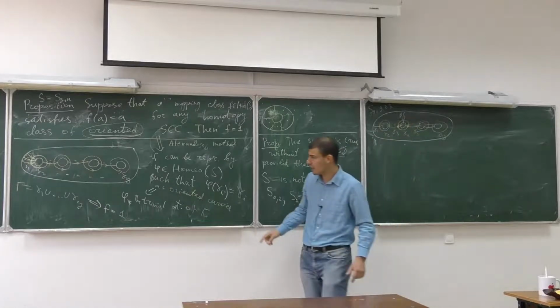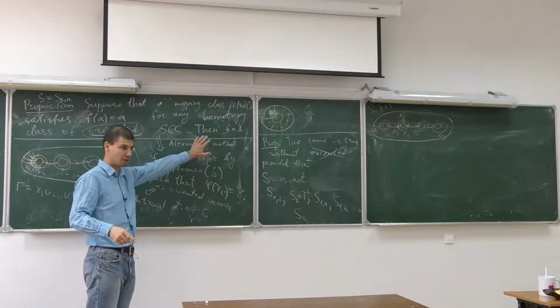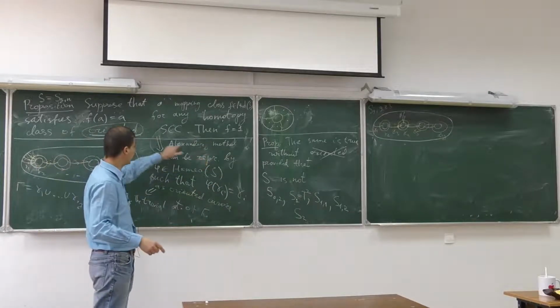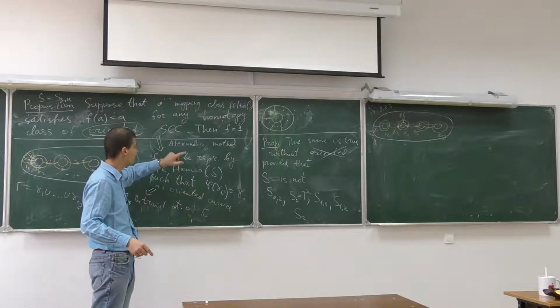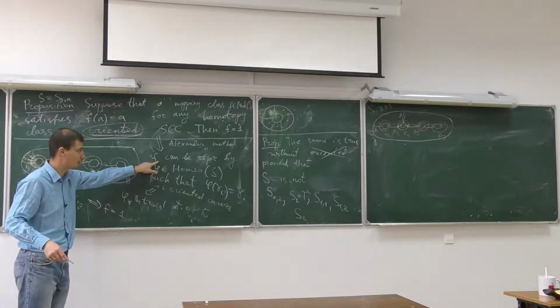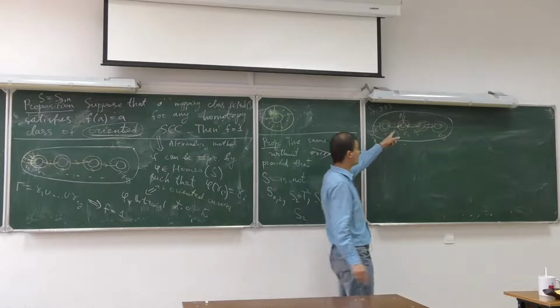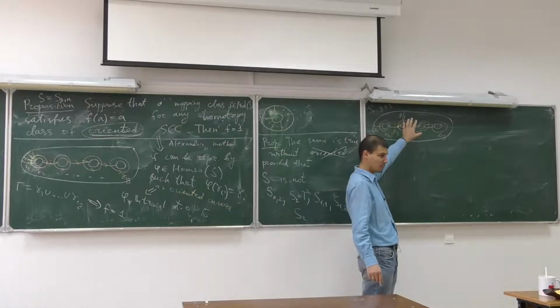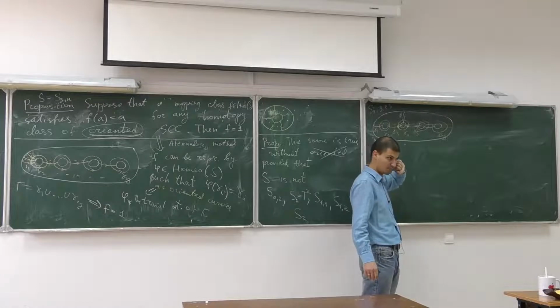And if we have achieved, as here, we proceed as here. So we say that by the proposition which was proved last time, our mapping class can be represented by a homeomorphism that fixes setwise every one of these curves, all these curves simultaneously.